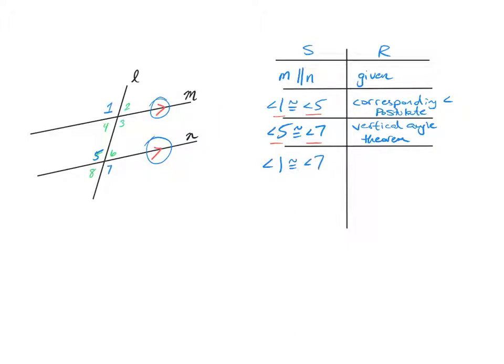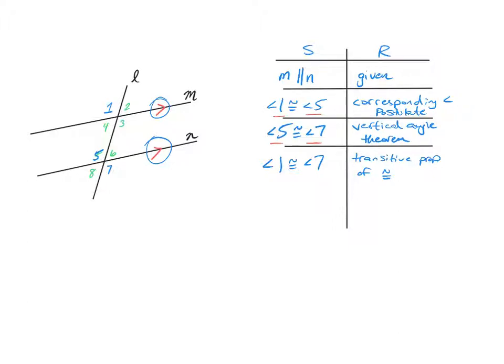I hope you remember what that's called. When I skip the middleman like that, that's called the transitive property. And because I'm dealing with things that are congruent, it's the transitive property of congruence. So I've proved that angle 1 is equal to angle 7 using postulates, theorems, and properties.